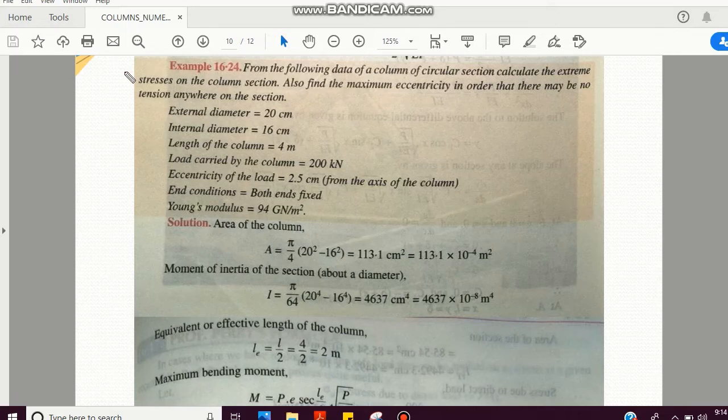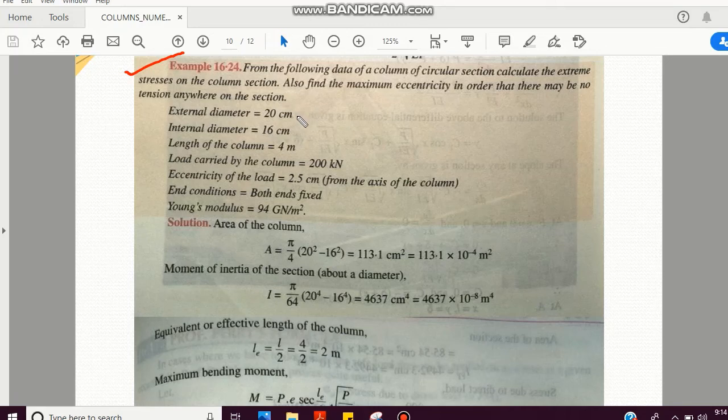This question is related to eccentric loading. It states that from the following data of a column of circular section, calculate the extreme stresses on the column section. Also find the maximum eccentricity in order that there may be no tension anywhere in the section.